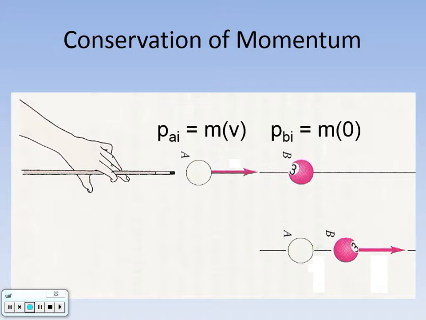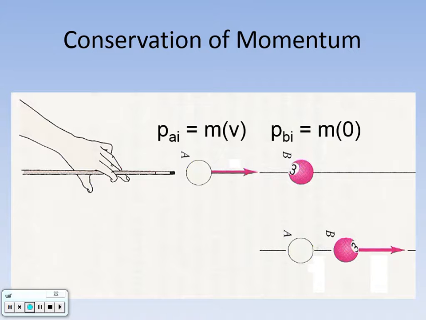Because what is the B ball doing before the interaction? Nothing. It doesn't have velocity, so it doesn't have momentum. If we added these two together, what would we have? What would we call the sum of those two quantities?